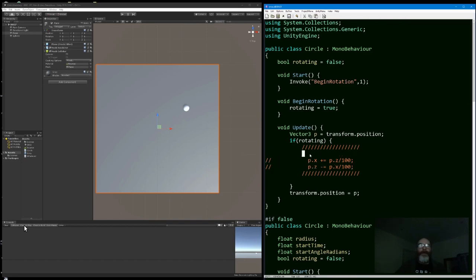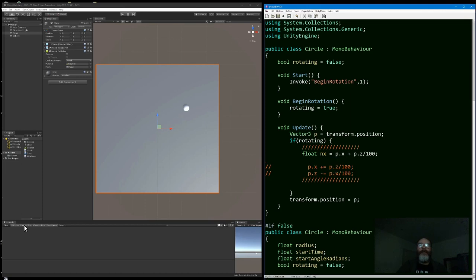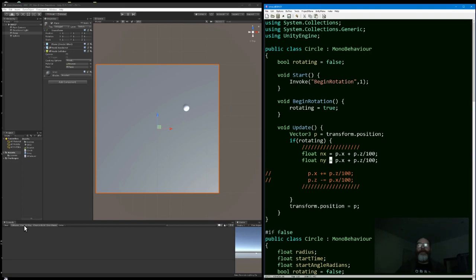So to fix the bug, what I would do is go float here, let's say nx equals p dot x plus pz divided by 100. And then my new z equals p dot z minus px divided by 100.